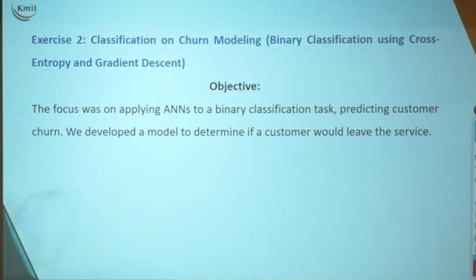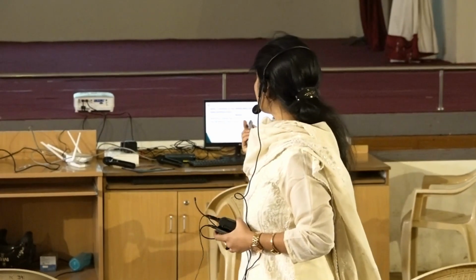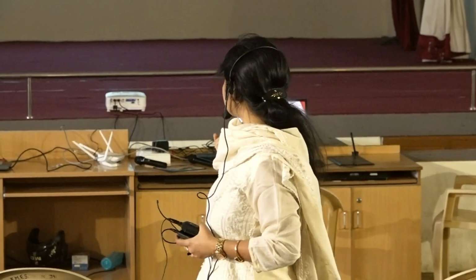What did we do in exercise 2? Classification on churn modeling. What is churn modeling? It checks whether a customer will continue or exit, like whether a student will continue the class or exit the class. Yes or no: only two possibilities, so we chose a classification task. We applied the ANN for a binary classification task, predicting customer churn.